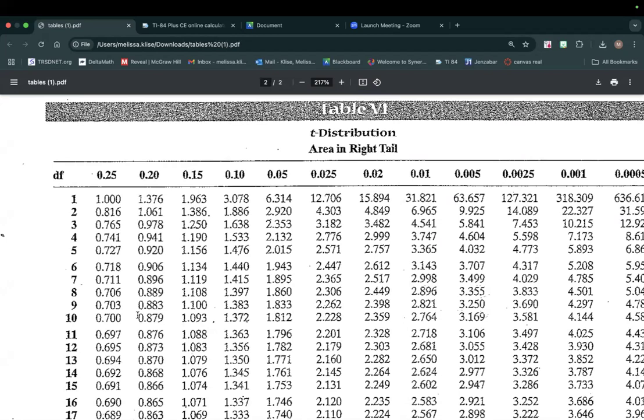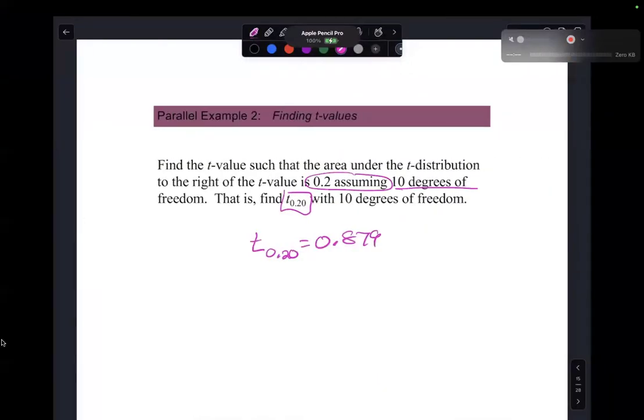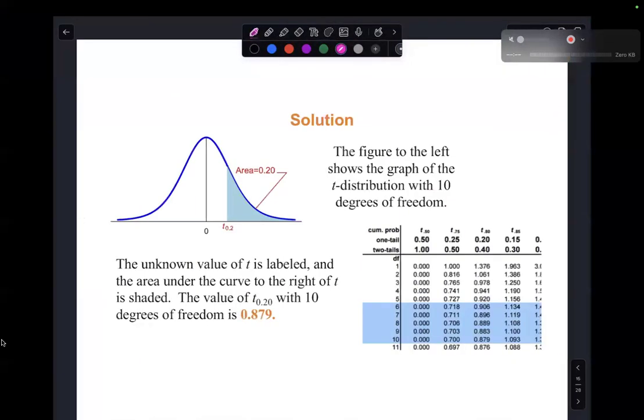All right. I go back to my other screen. And I'm guessing it says it on the other page. Look at that. All right, so this shows on this one, their t-table's kind of cool because it has one tail and two tails and all of that, but we're going to be fine. So it has 10 and we're at 0.20 and so 0.879.